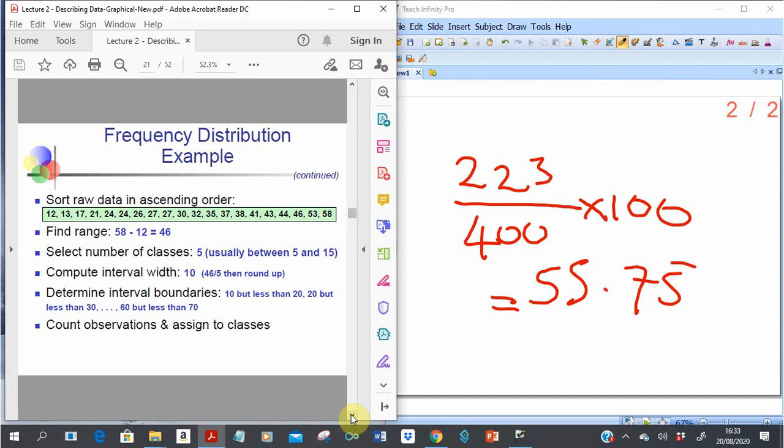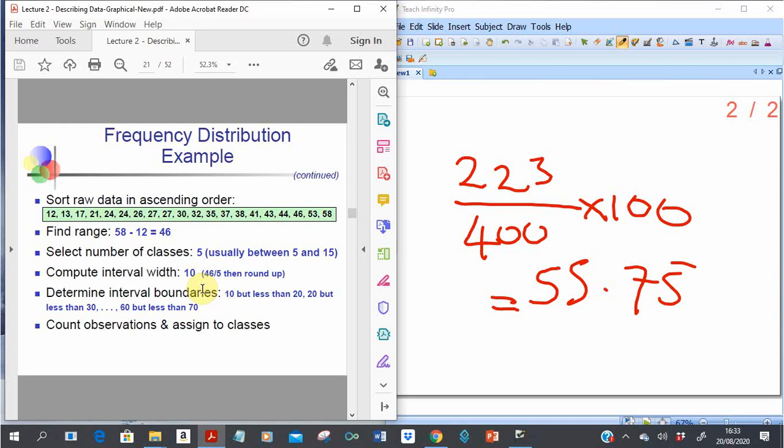So now we have to compute the width, which is just the range over the number of class intervals. So the range is 46 divided by 5. We have 9.2, round it up, and you get 10 as your class width.